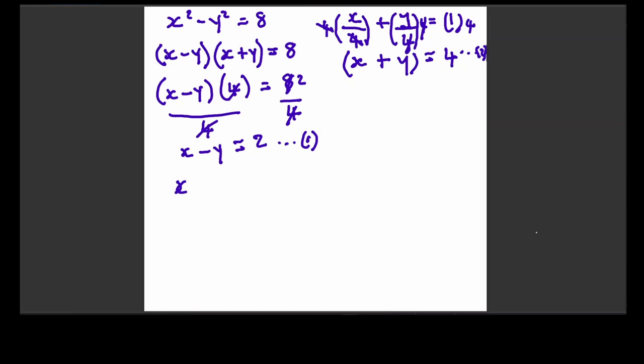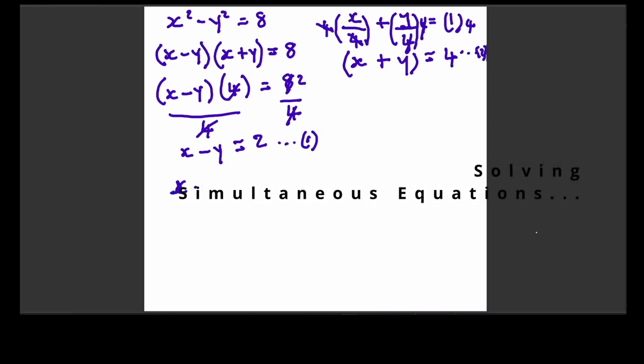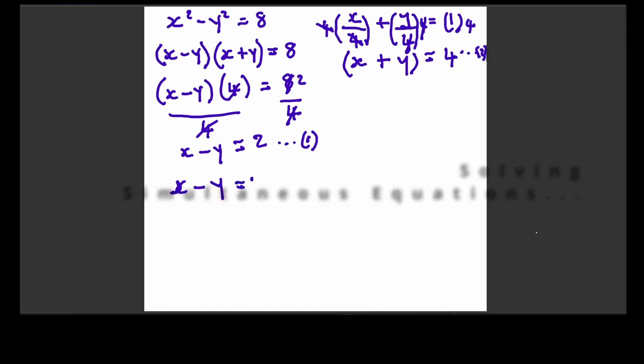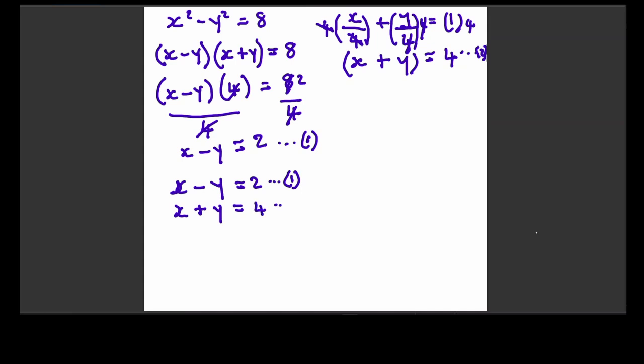So equation 1, x minus y is equal to 2. And our second equation, x plus y is equal to 4. Let us use the method of elimination. So we want to eliminate x. This means we have to subtract the second equation.